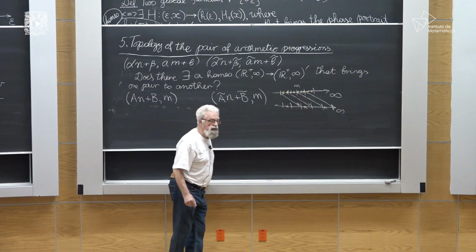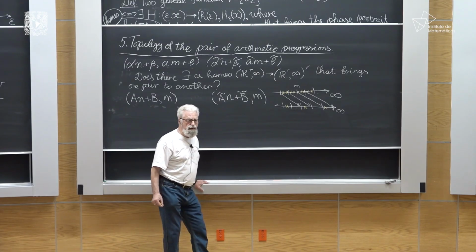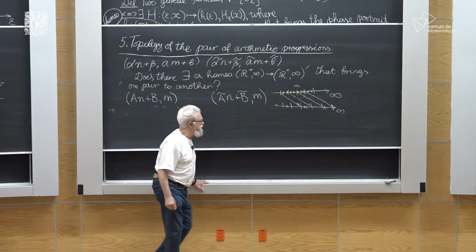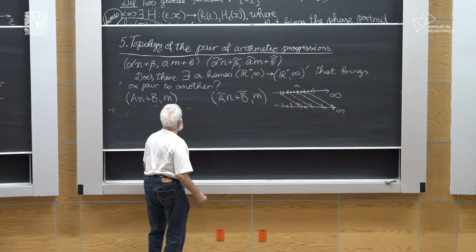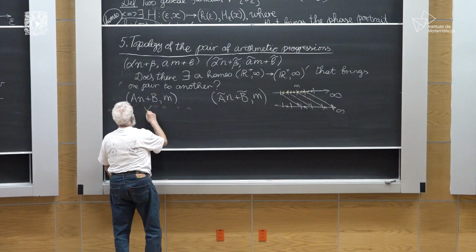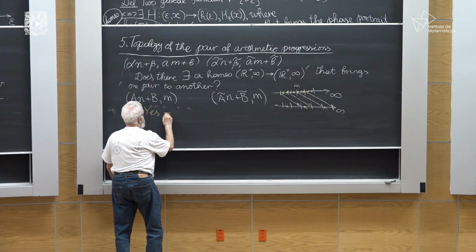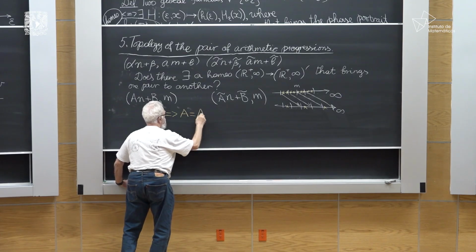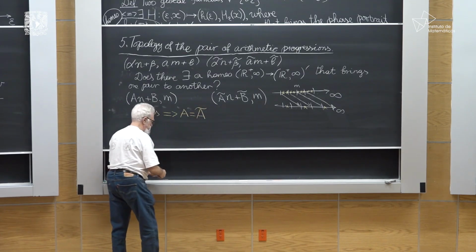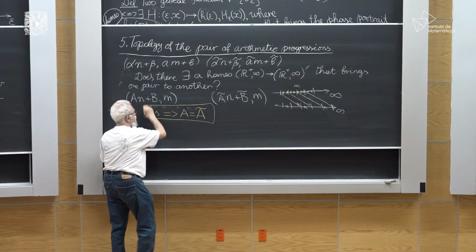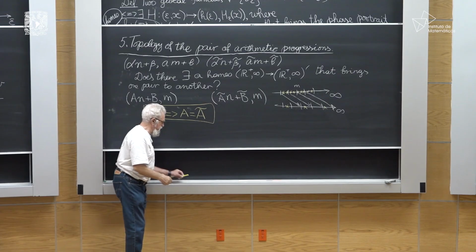Yes, exactly. If A and A tilde are different, then the homeomorphism definitely does not exist. So the answer yes implies that A equals A tilde. And this is a topological invariant of a couple of arithmetic progressions.